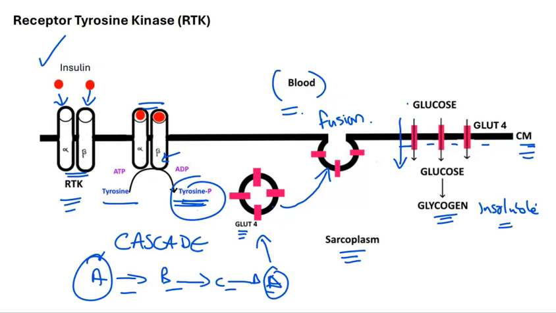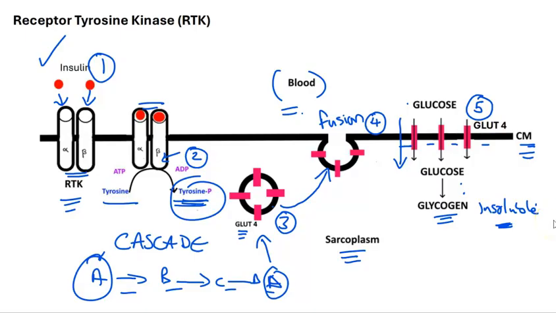So the steps are insulin docking with the receptor, phosphorylation of tyrosine, the migration of the vesicle with GLUT4 to the membrane, fusion, transporter transporting of glucose, and then to finish it off, the conversion of glucose into glycogen, into the insoluble form, the granulated form, which we often see in micrographs of muscle cells.